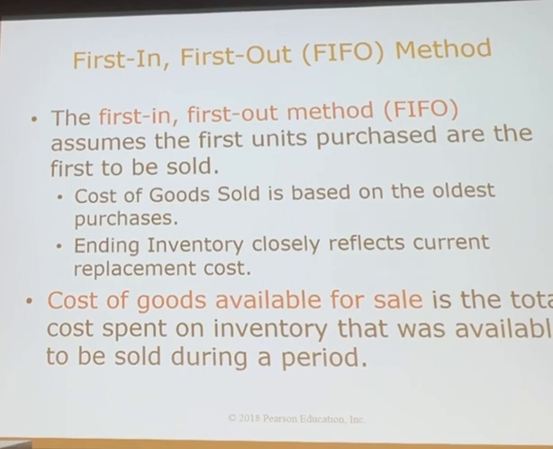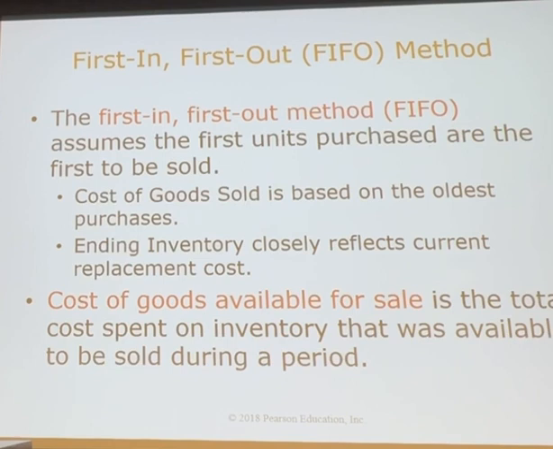So the first method that we might use in this case would be the first in, first out method, what we call FIFO. In this case, the assumption that we will make is that we sell the oldest units that we had in inventory. That's why we call it first in, first out. We sell the units that were first in our inventory.